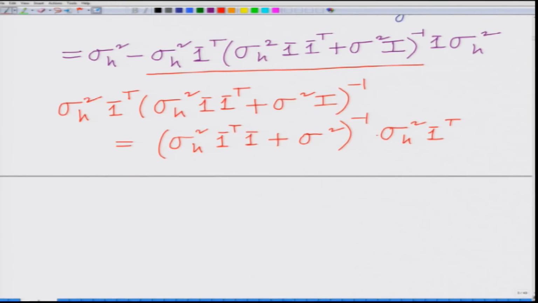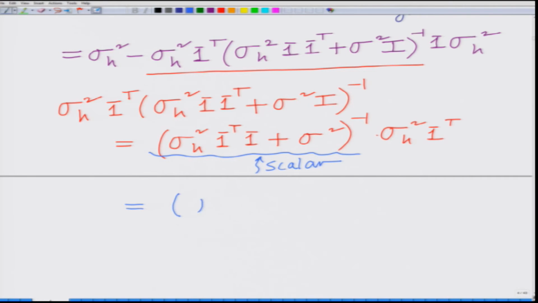In fact, we also know that sigma_h square 1 bar transpose 1 bar plus sigma square is a scalar, because 1 bar transpose is a row vector, 1 bar is a column vector, and 1 bar transpose 1 bar is n.